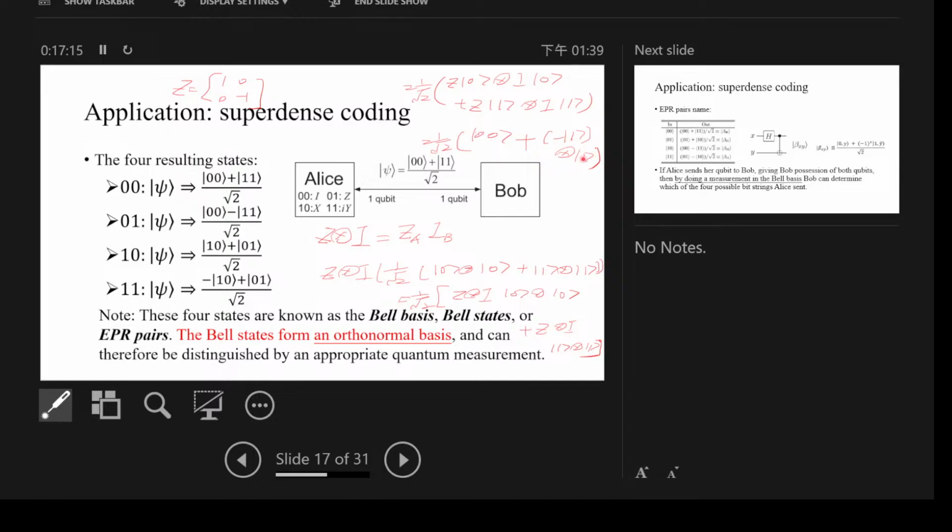And then the second part, this is still an eigenstate, but |1> is the -1 eigenstate of Z. So we pick up a -1 phase here, and then we tensor. I guess I'm missing parentheses here.